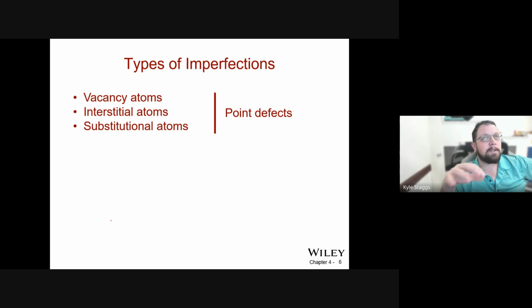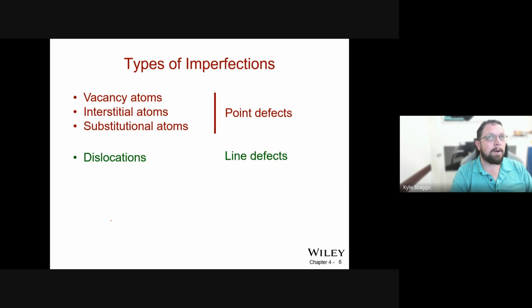There are a lot of different ways that these can combine. But we have missing, we have interstitial, meaning it's shoved its way in, and we have substitutional, meaning it's taken the place of what would be a parent atom. There are line defects called dislocations, and there are grain boundaries that are area defects.